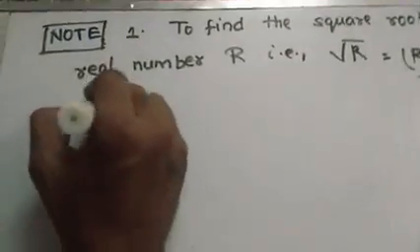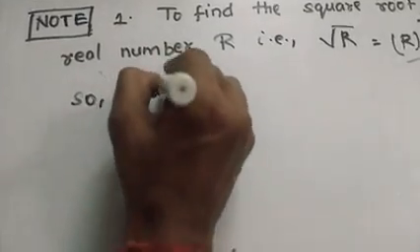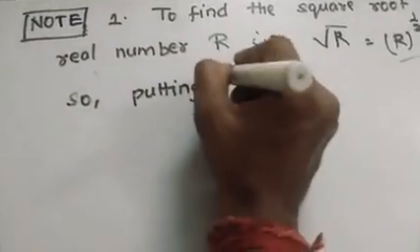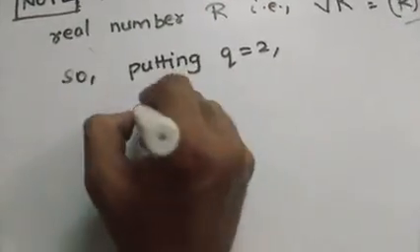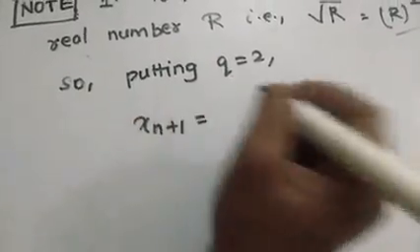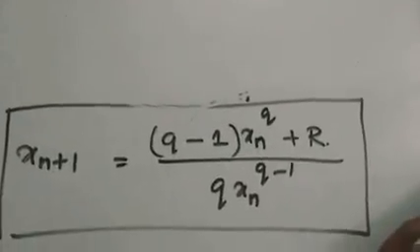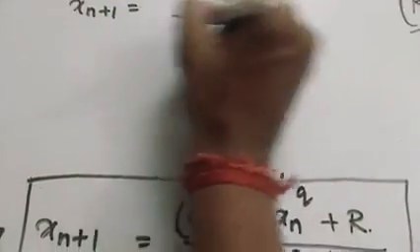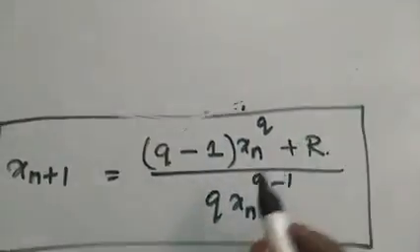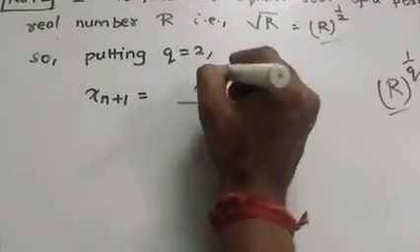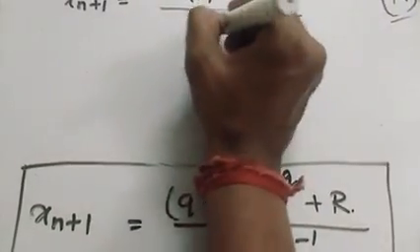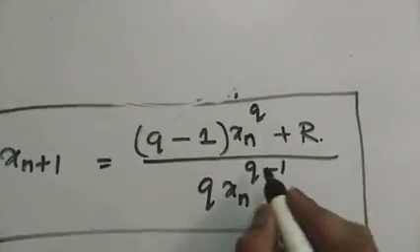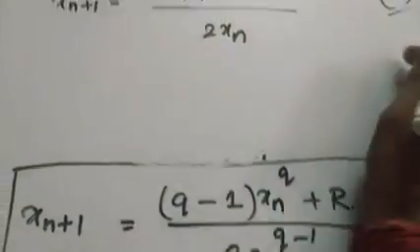So putting q equals to 2, we will get the formula xn plus 1 equals to, putting q equals to 2, that is 2 minus 1, it will be 1, xn, q means 2 here, plus r, q means 2, xn, q minus 1, that is 2 minus 1, 1.